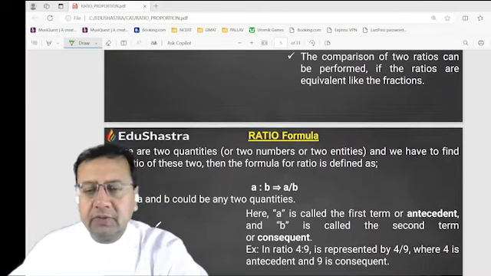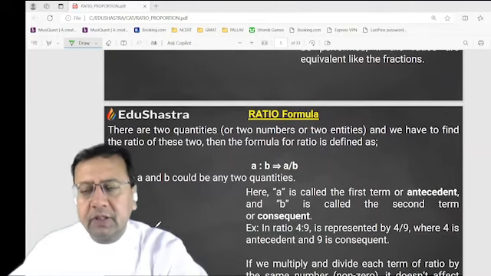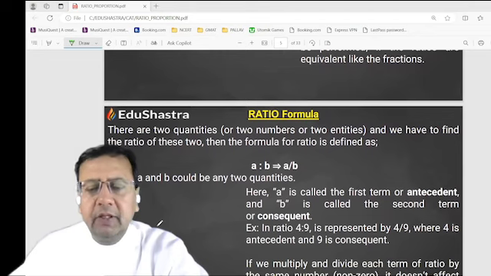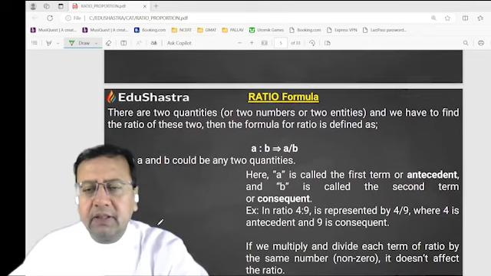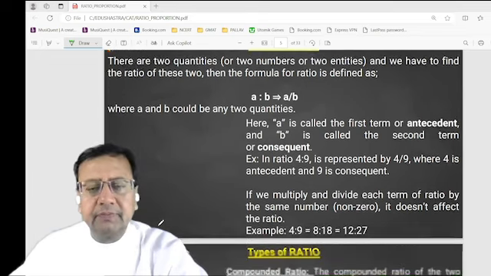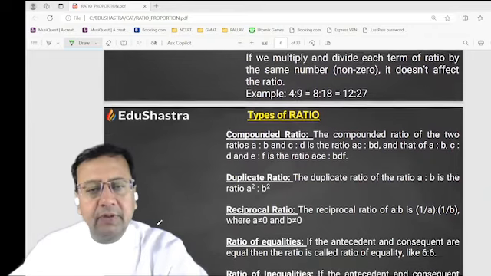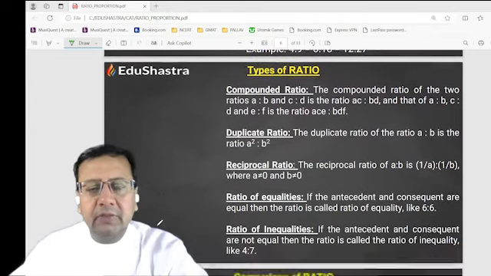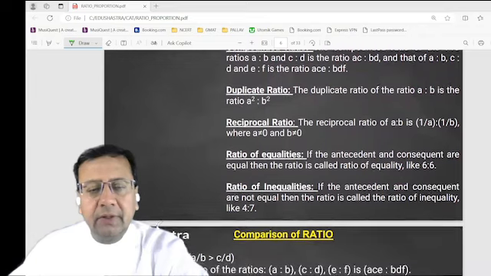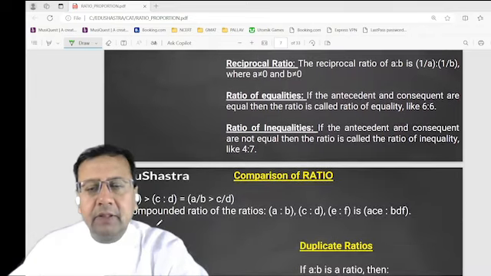Then the ratio formula. Ratios are represented in the form of A by B. So numerator is called as antecedent and denominator is called as consequent. Different types of ratios, right? Compounded, duplicate, reciprocal.